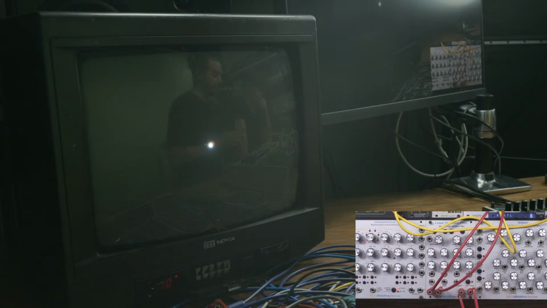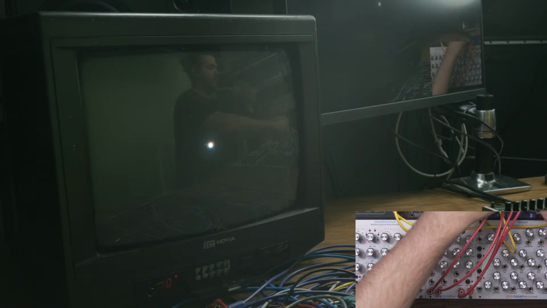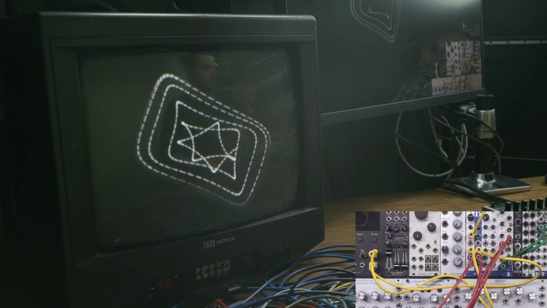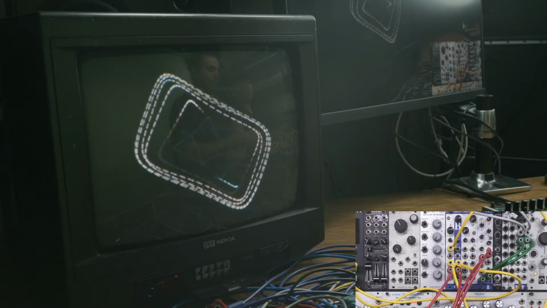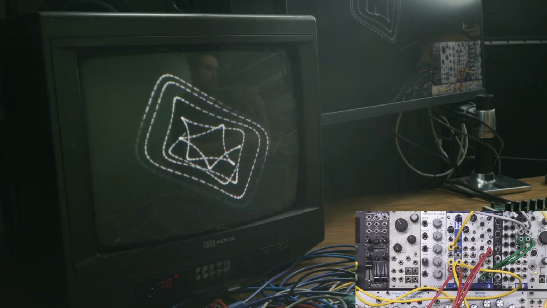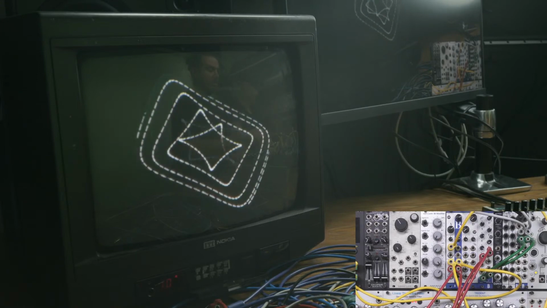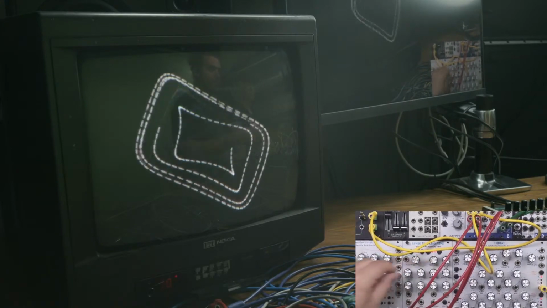And it's stereo, so we're gonna make use of this fact that it's a stereo filter and filter both signals at the same time. Right now I have a pretty high resonance dialed in, and let's see what it does to my image.